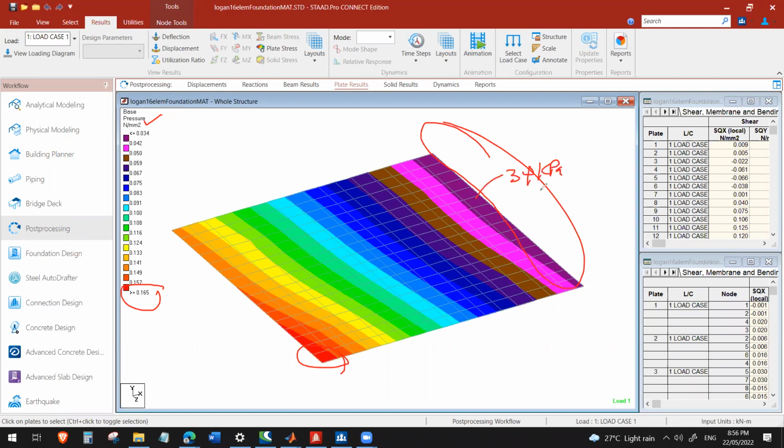So remember, by using 450 kilopascal SBC, we were able to derive a 50,000 kilonewton per cubic meter subgrade modulus. And as you see, since the base pressure is less than 450 kPa, that means our mat foundation is safe according to its allowable pressure.